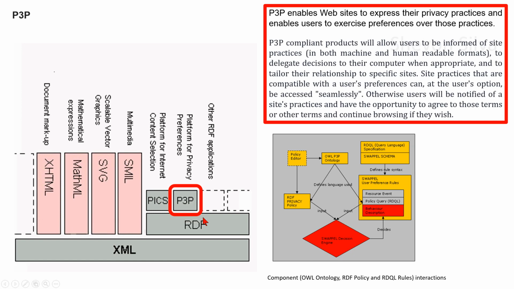Site practices that are compatible with the user's preferences can, at the user's option, be accessed seamlessly. Otherwise, users will be notified of site practices and have the opportunity to agree to those terms or other terms and continue browsing if they wish.